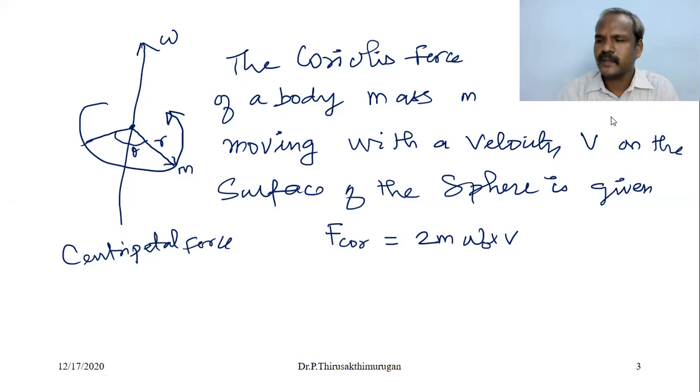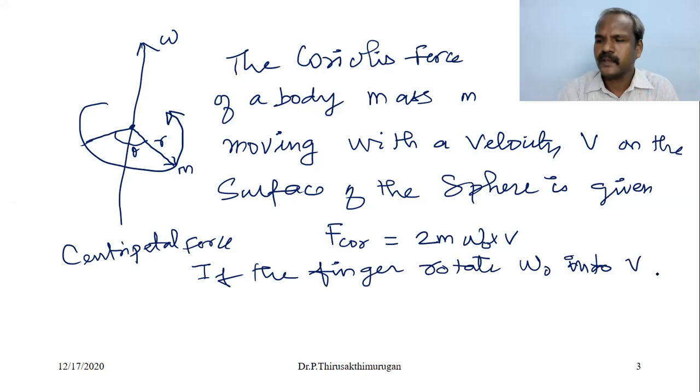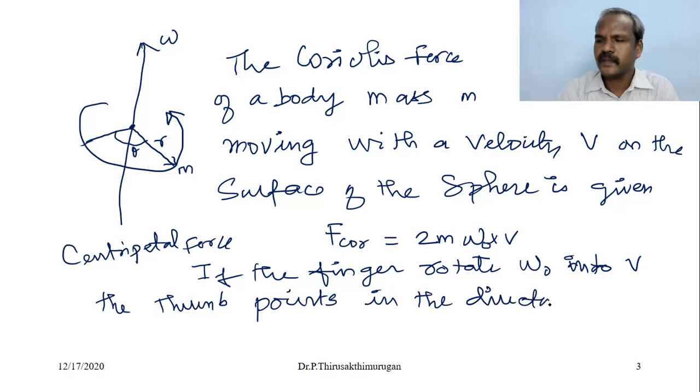Using the right-handed screw rule, if the fingers rotate omega naught into v, the thumb points in the direction of omega naught into v.